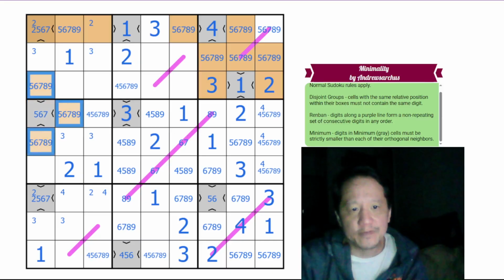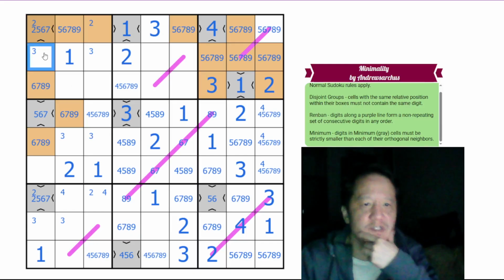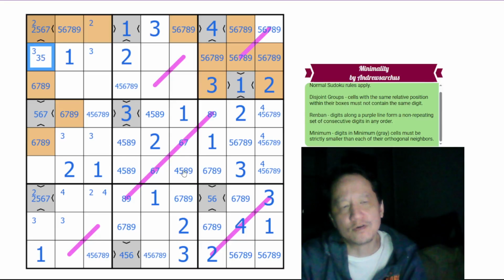So this cannot be 5. This is 6, 7, 8, and 9. So this is either 3 or 5, 6, can't be 5. 3 or 6, 7, 8, and 9. Because if it's 2 here, this has to be 3. If it's 5 or 6 or 7, obviously it has to be 6 through 9 there.